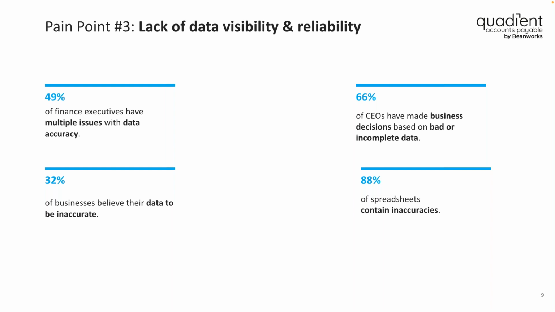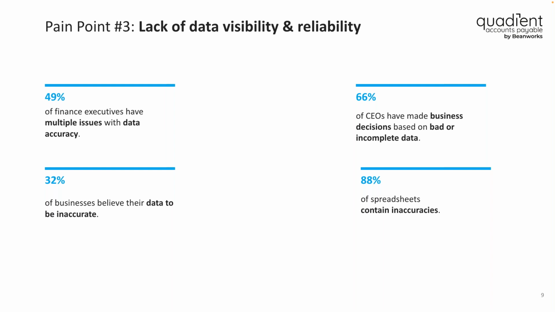And Experian research has shown how businesses believe 32% of their data to be inaccurate, while 66% of finance employees think their CEOs have made business decisions based on incomplete or inaccurate data.